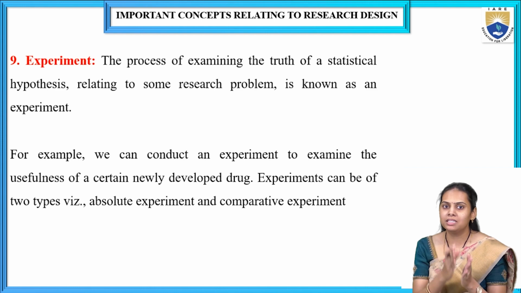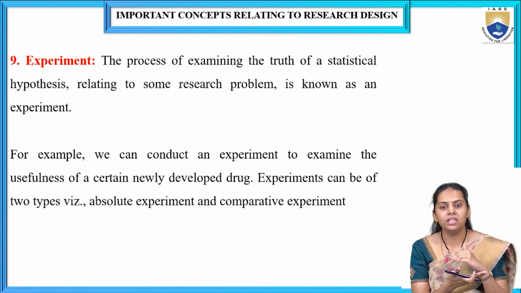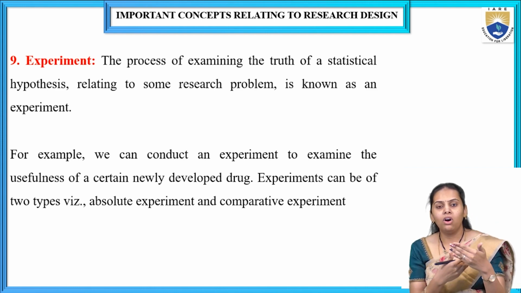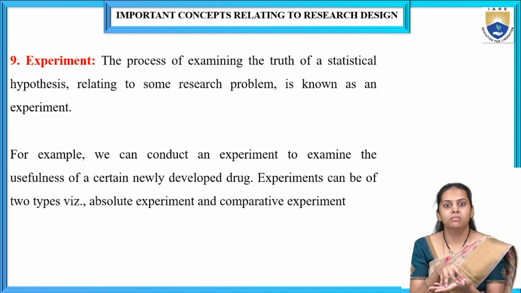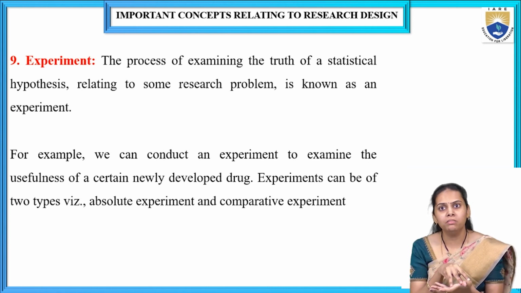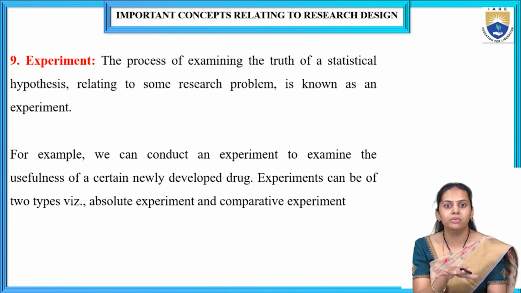Because the experiment itself gives the result of the work progress on a problem. Based on this problem, we are going to do the experiment accordingly. So the process of examining the truth of a statistical hypothesis relating to some research problem is nothing but an experiment.